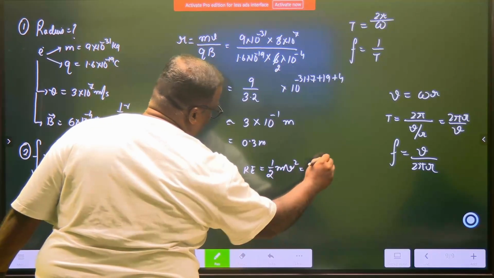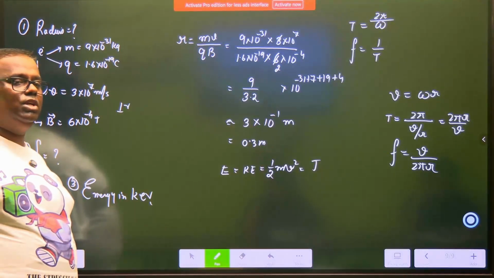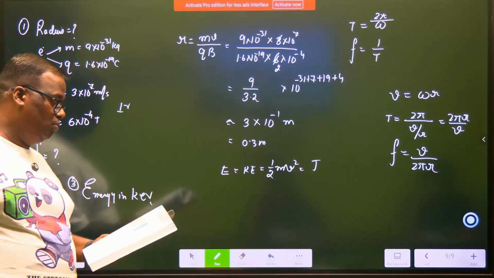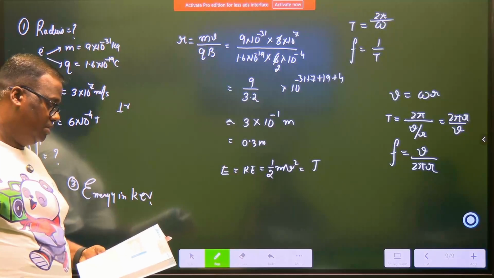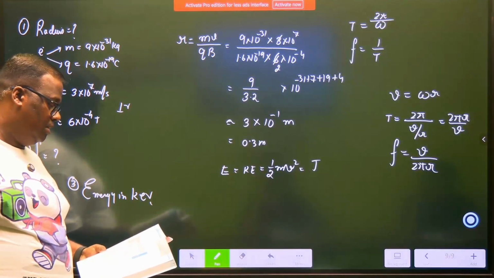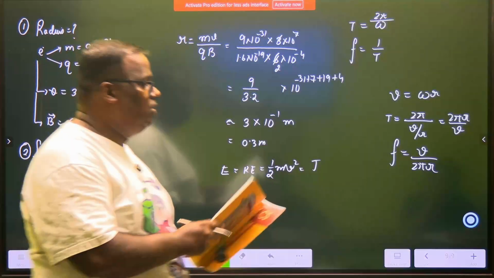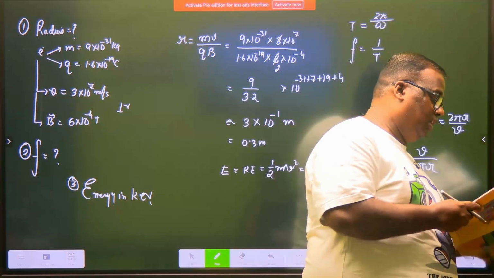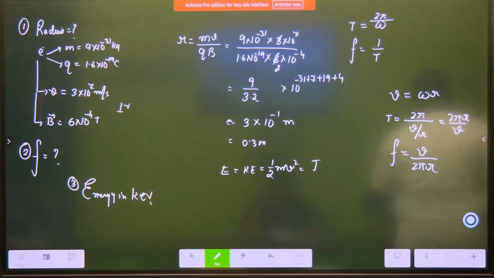Now this will come in joules. 1 electron volt is 1.6 into 10 to the power minus 19 joules, so you have to use that. Then you have to convert it into kilo electron volt. First convert it into electron volt and then divide it by 1000. That will give you kilo electron volt. Check your data, and if you want some calculation, tell me. I have a calculator, can help you also.